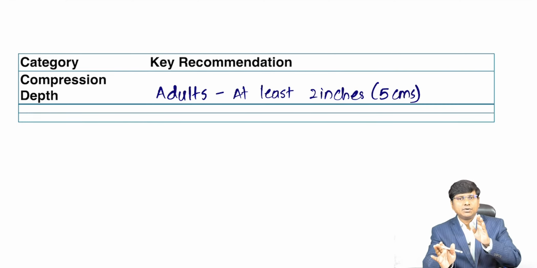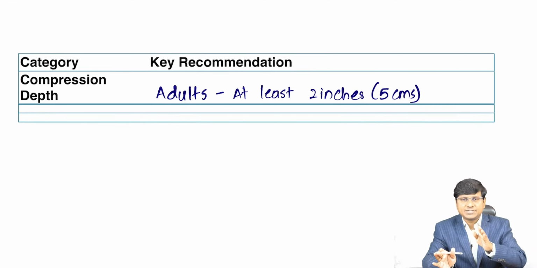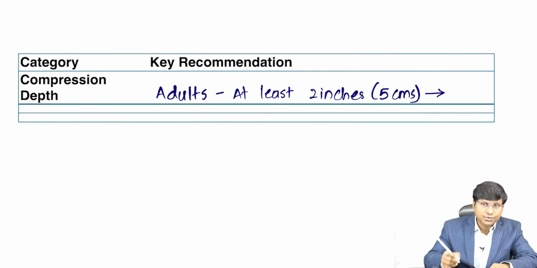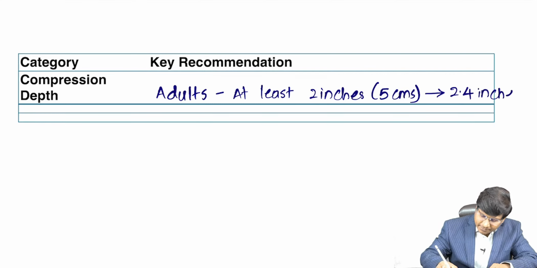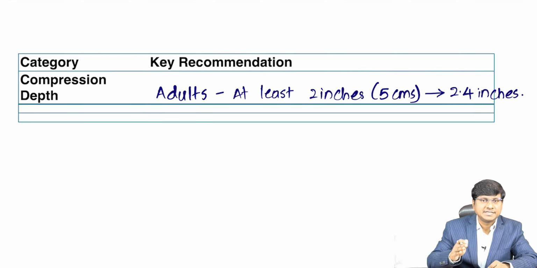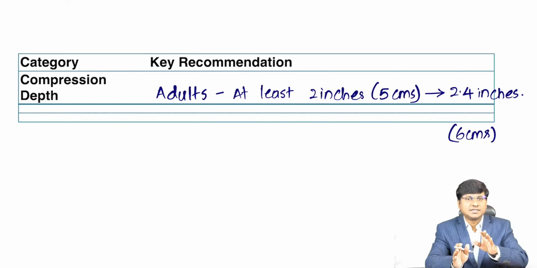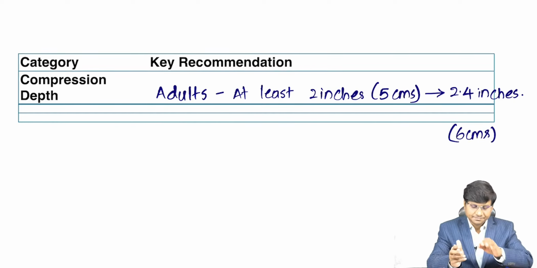The maximum that you can go is up to 2.4 inches, which is equivalent to 6 centimeters. So this is the compression depth in adults.